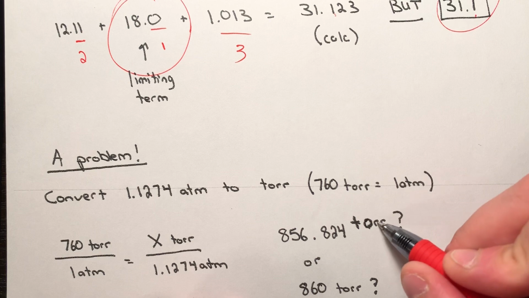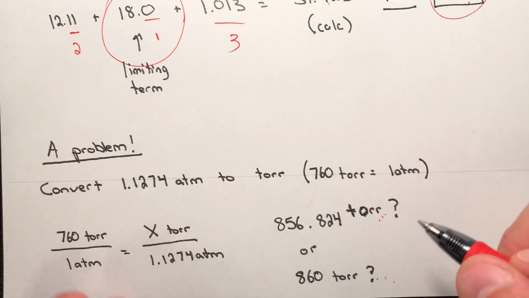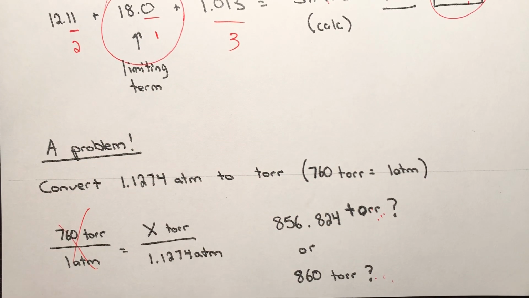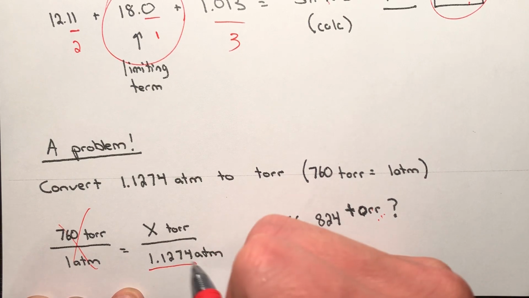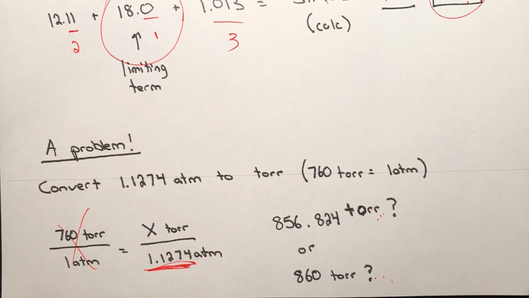The question is, which of these answers is appropriate? Okay. And so what I'm hoping is that you come to the conclusion that this is a conversion factor. So it's really not going to limit us. So what we are going to be truly limited by is the number of significant figures that this number has, right? This is a multiplication step.